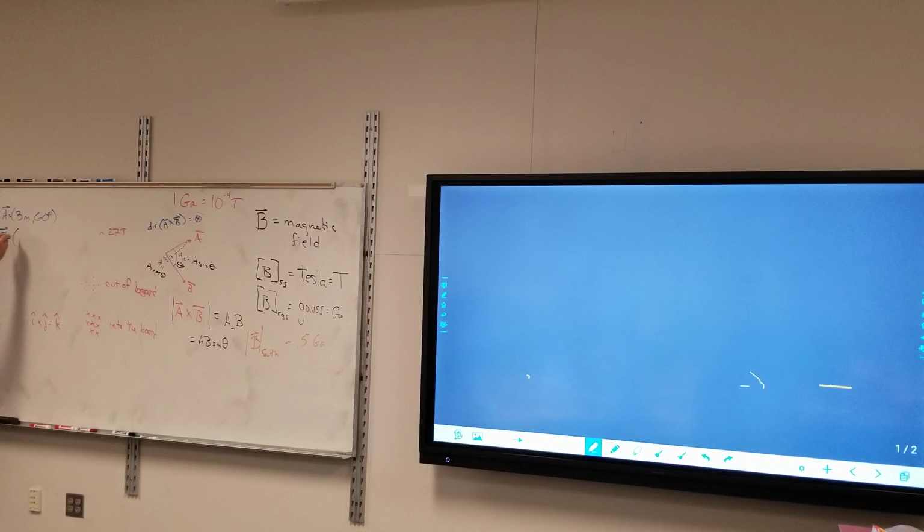B is 5 newtons, negative 10 degrees. I'm going to set up a coordinate system here. I hat to the right, J hat up. What would be the direction of K hat? Where are you pointing? I cross J equals K.